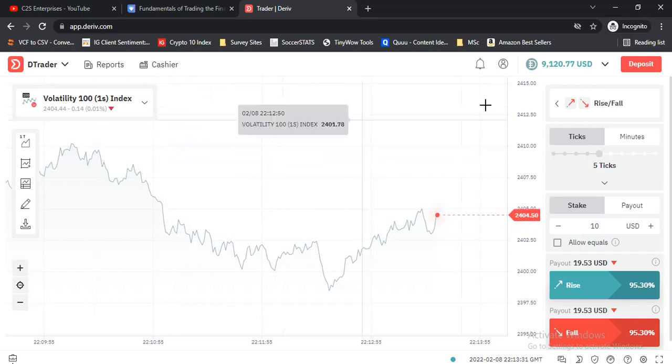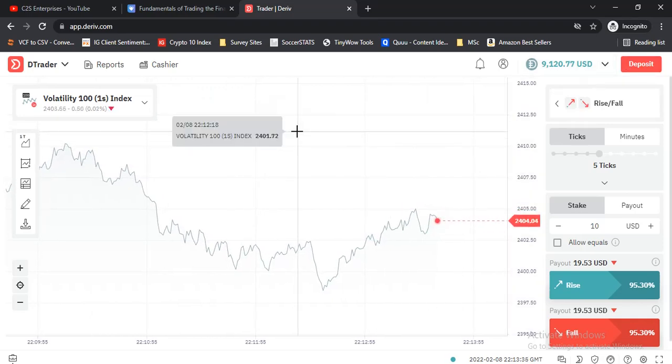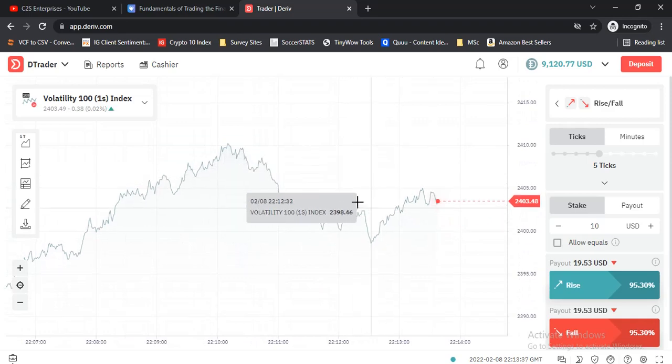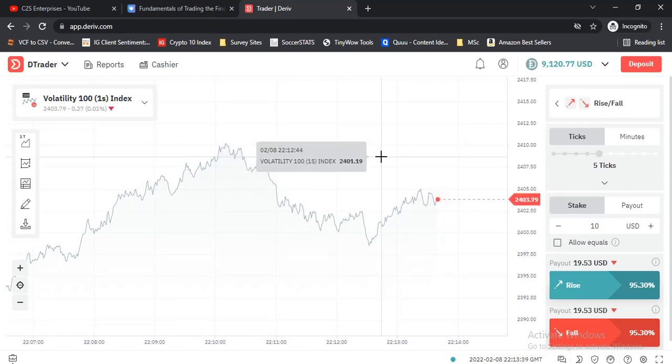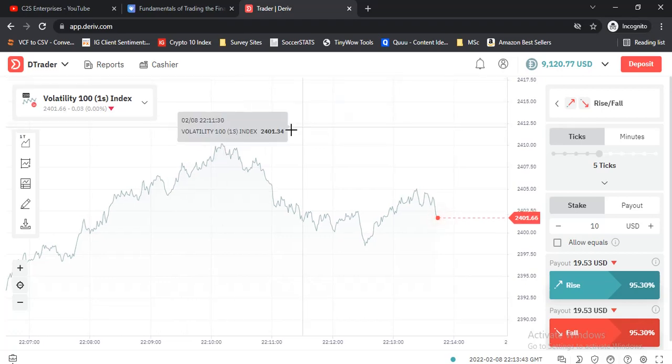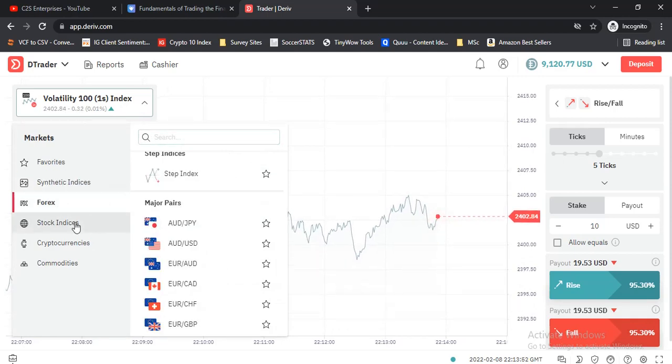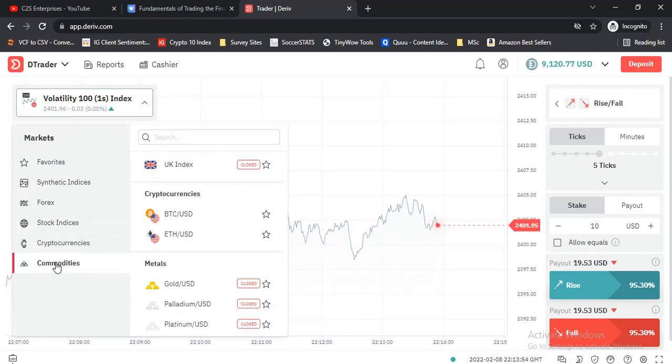Now when you have your account and you're logged in, before we even talk about anything, we need to set our chart. First, you need to choose the instrument you trade. There are a lot of instruments here on Deriv: forex, forex binary options, stocks, cryptos, commodities.